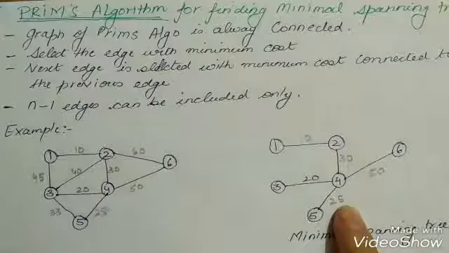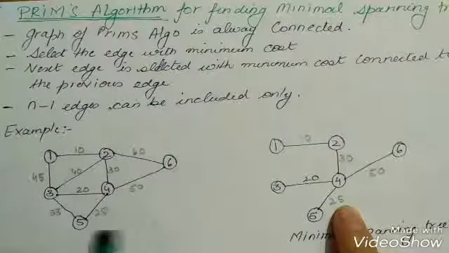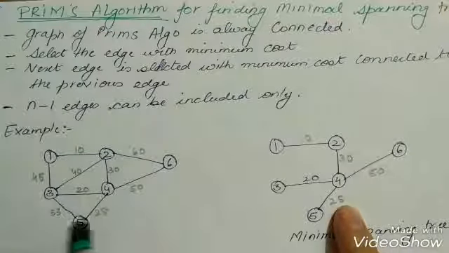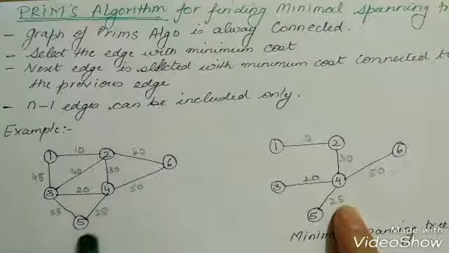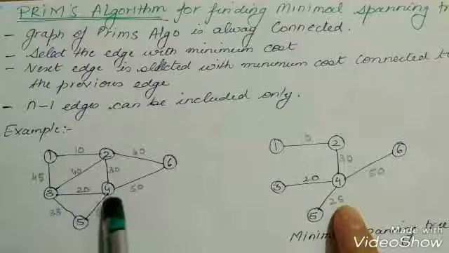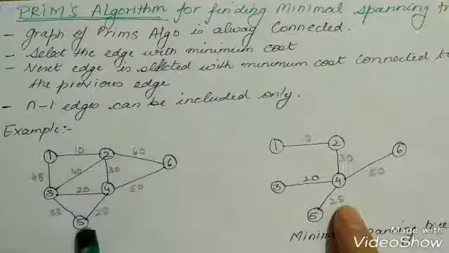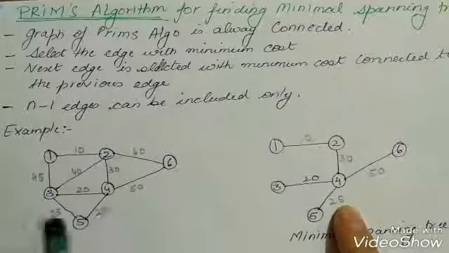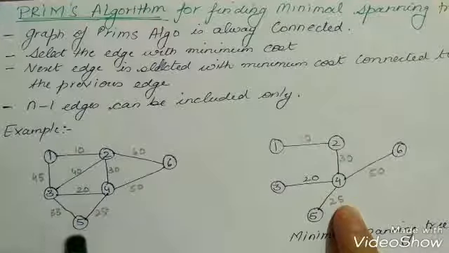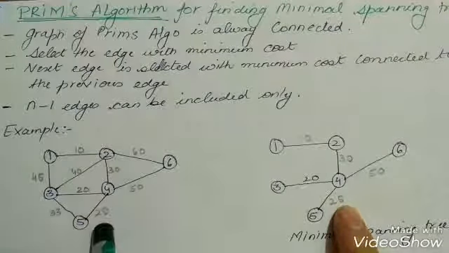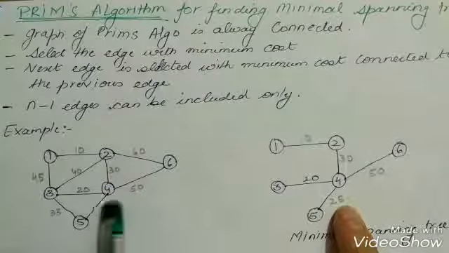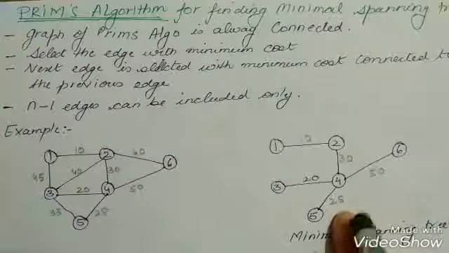But now only 2 nodes are left, 6 and 5. So we will choose the minimum weight with which we can reach 5. Here 4 is connected with 5 with the weight 25, and 3 and 5 are connected with 33. So obviously we will choose the minimum weight. We draw this edge 4 to 5 with the weight 25.